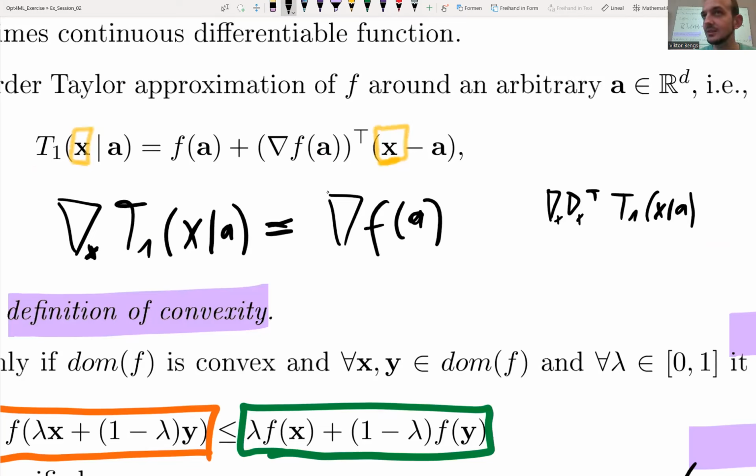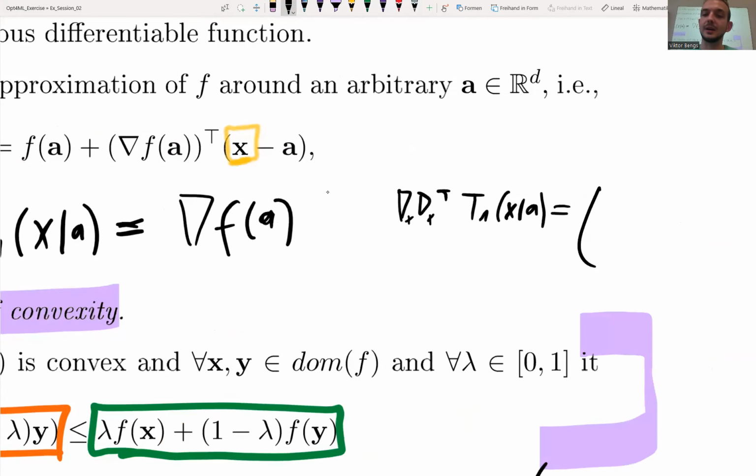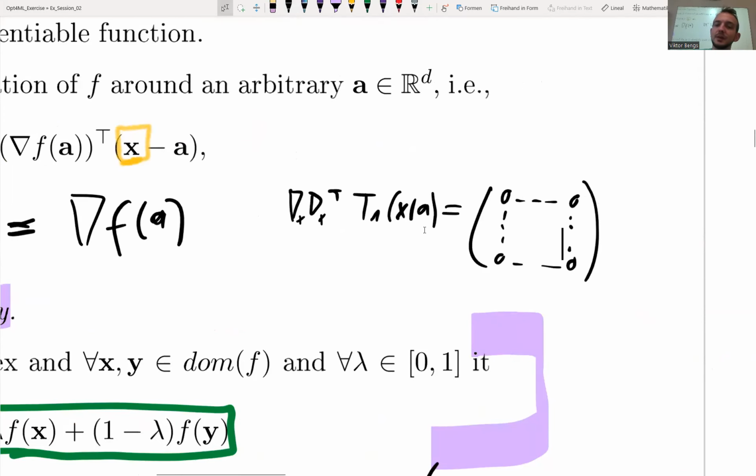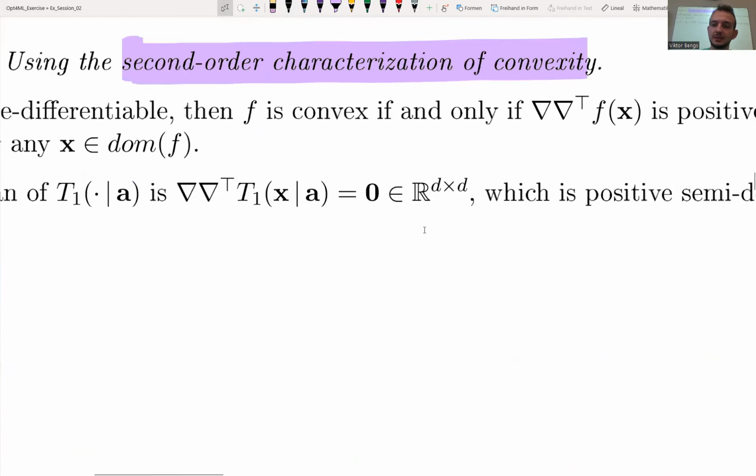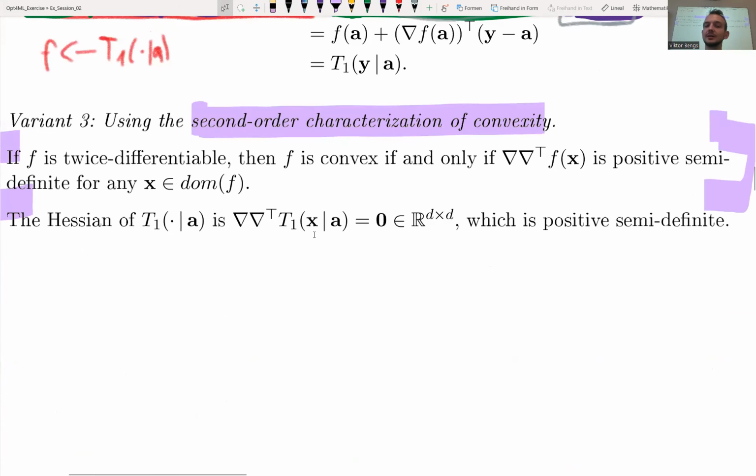I stress this here in the nabla symbol to make this clear. But well, looking at the partial derivatives of this component, you will get here everywhere a zero, of course. Because this is a constant, a multivariate constant, a d-dimensional constant with respect to x. And well, the zero matrix is positive semi-definite. It has non-negative eigenvalues, namely they are all zero.